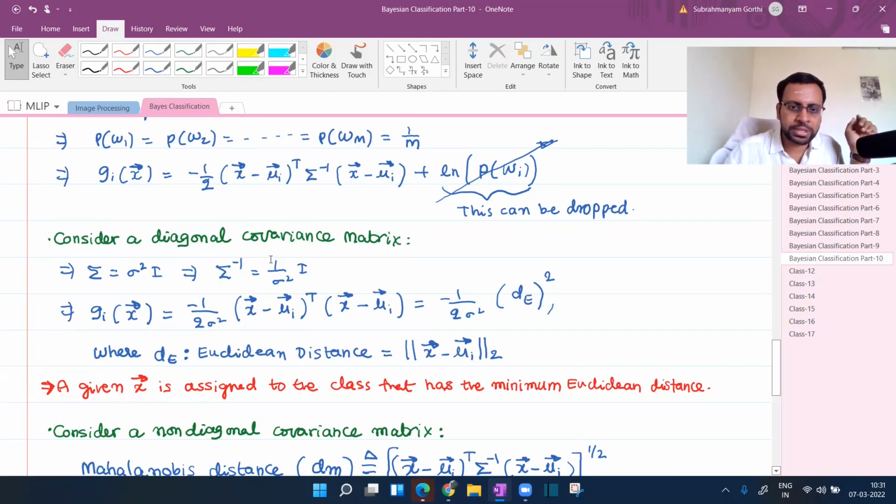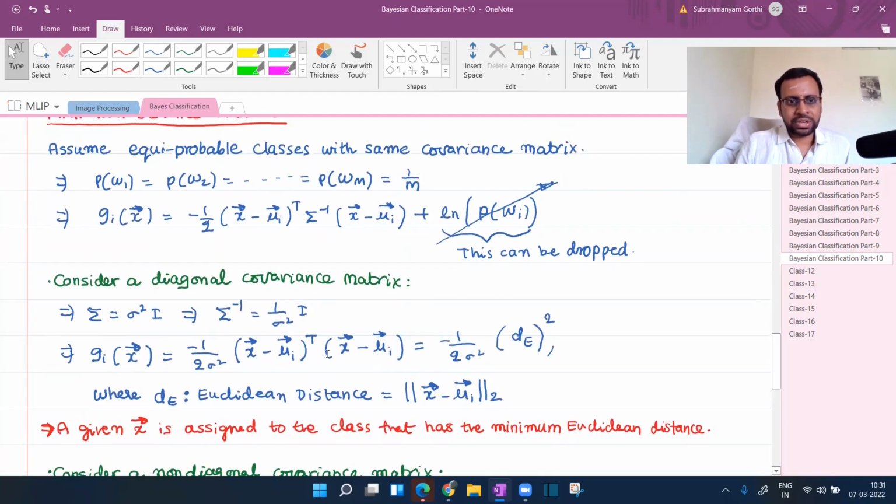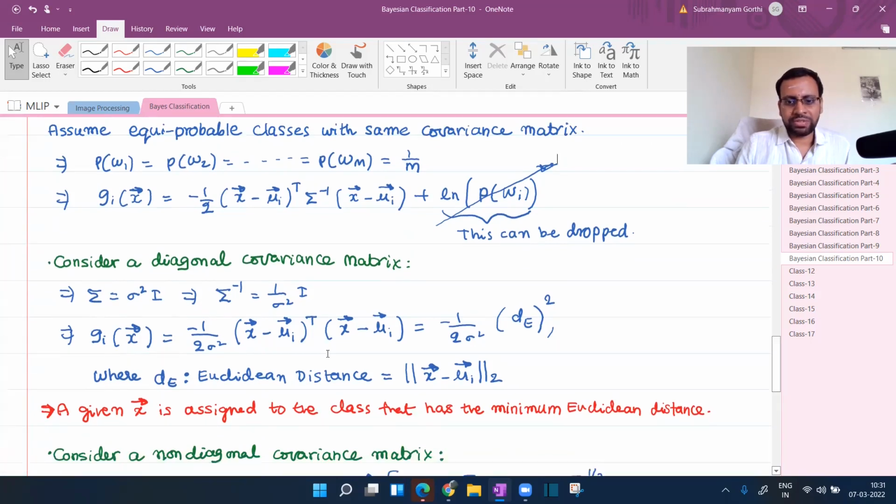That means sigma inverse will be 1 by sigma square into I. You put it here. Then the Euclidean distance DE is (x bar minus mu I bar) whole transpose into (x bar minus mu I bar).